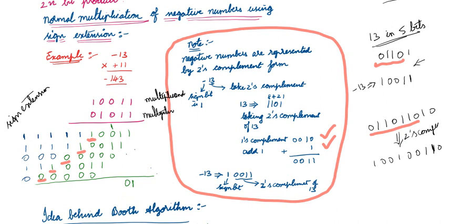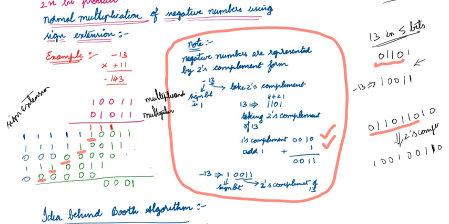The carry would be 1 1 1. So its sum is 0. Carry would be 1. Sum would be 0. Carry would be 1.